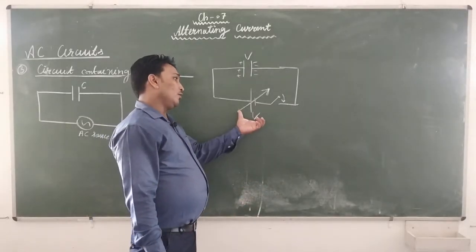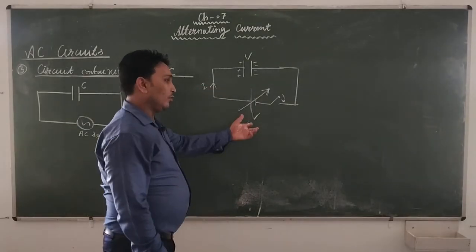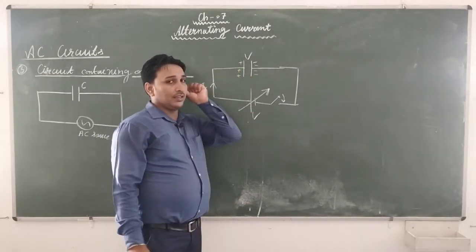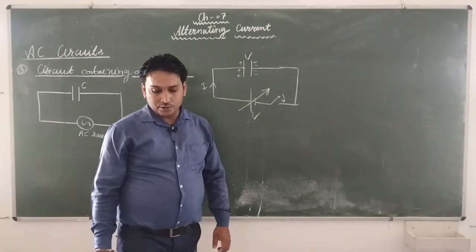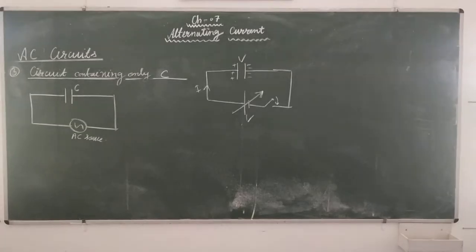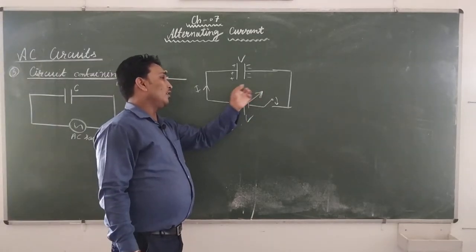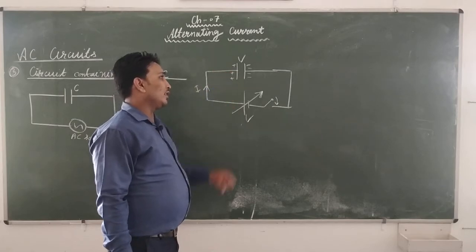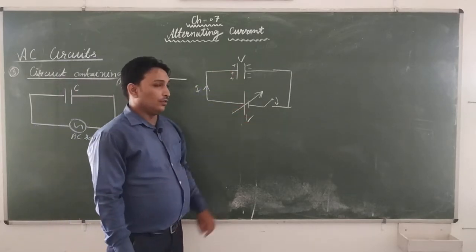So for a variable voltage, there will be a continuous current in the circuit, because the capacitor has a tendency to have its voltage equal to the voltage of the cell. If this voltage keeps varying, there will be a continuous current in the circuit so that the voltage of the capacitor becomes equal to it.